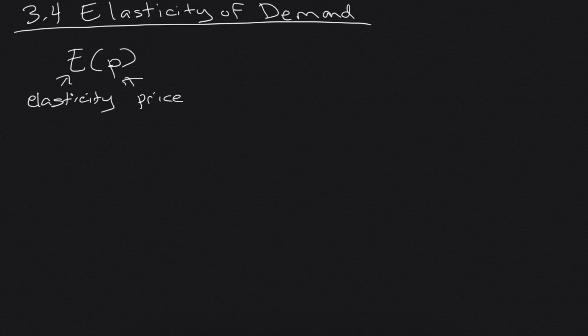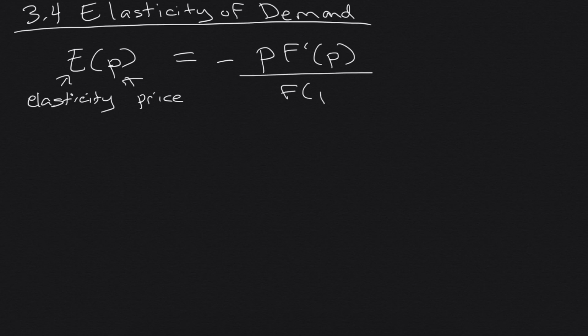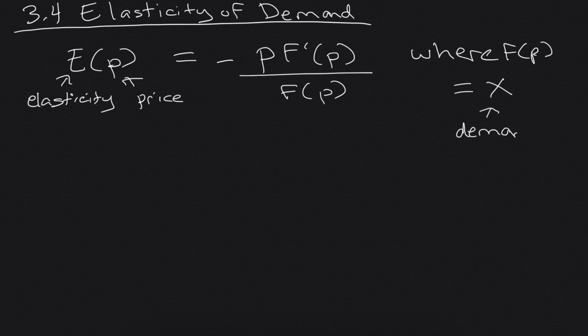And now this E of P is going to equal negative P times F prime of P, all divided by F of P. And here, I'm going to make a special note, where F of P is equal to X, where X is the usual demand that we've been discussing so far this semester.